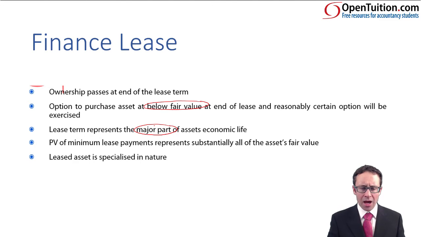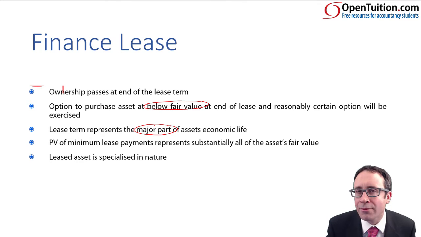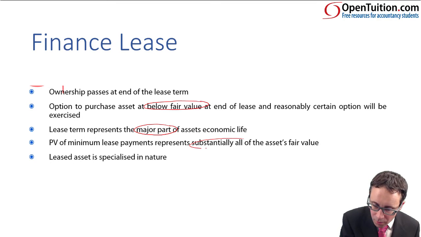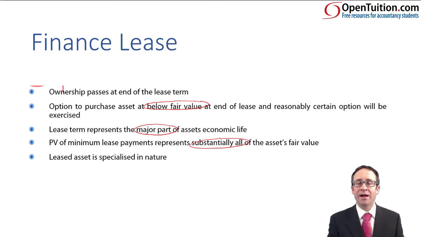Okay. The fourth one down is the one that we'll see in a moment in the next videos. Is that the present value of the minimum lease payment, discounting, represents substantially all the asset's fair value.